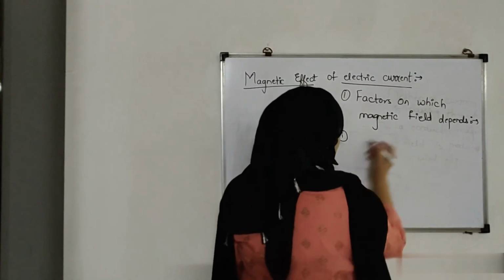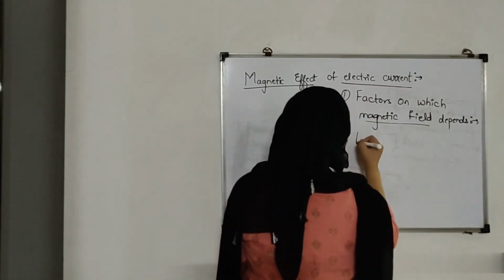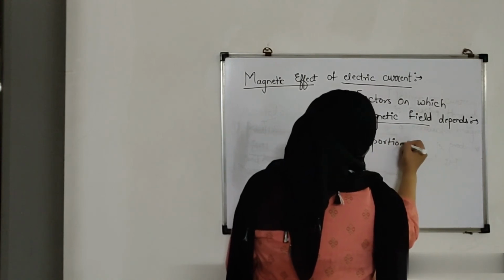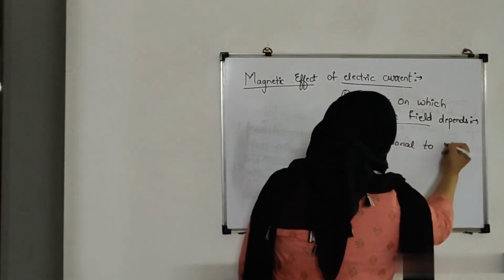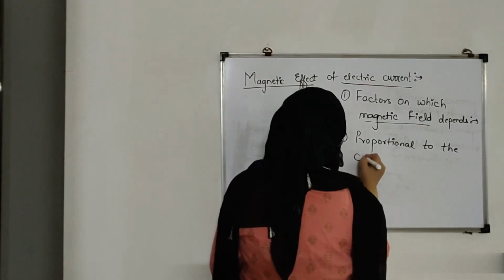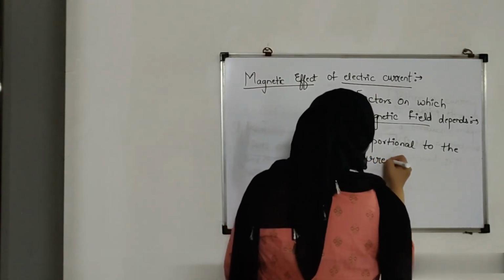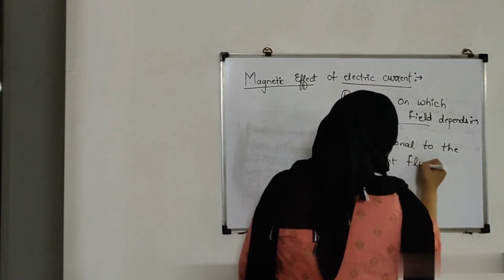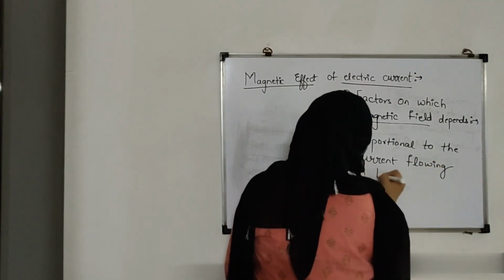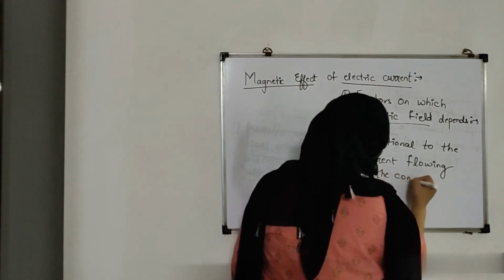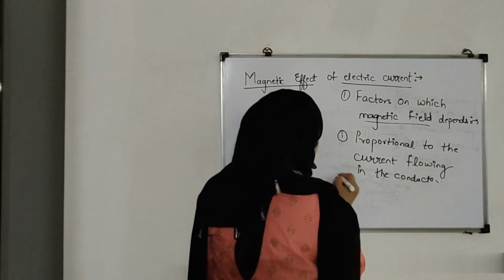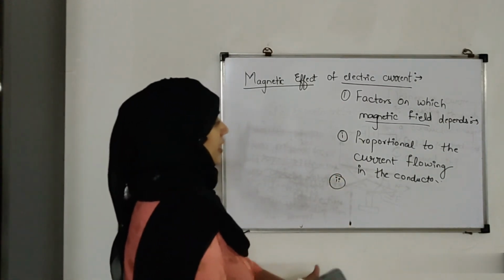It is always proportional to the current flowing in the conductor. This is the first thing we have to remember.